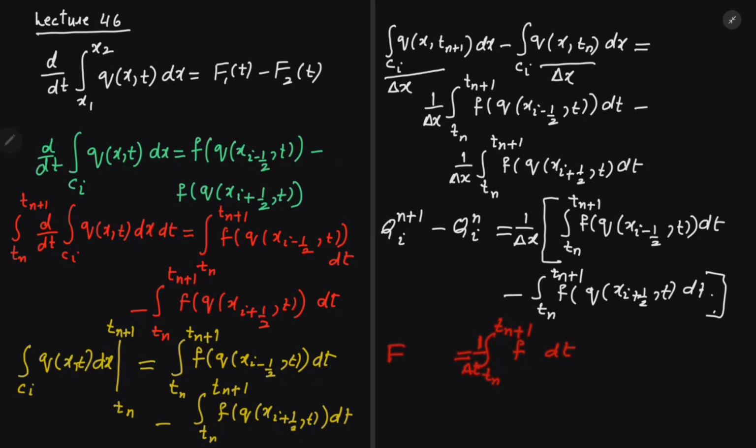That will be equal to Fn I minus 1/2, if there is Q x i minus 1/2 t, right? So this will be an approximation of the flux, but there should be delta t. So we multiply and divide by delta t. That's what we do.